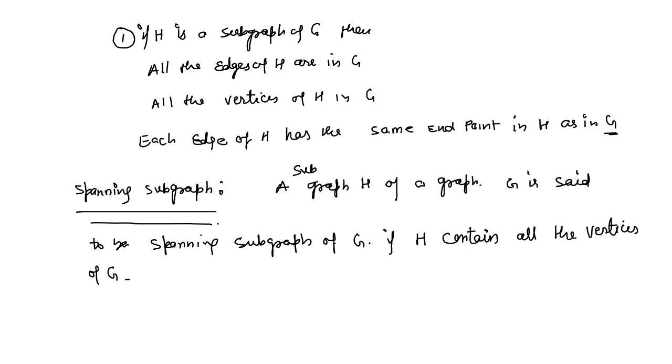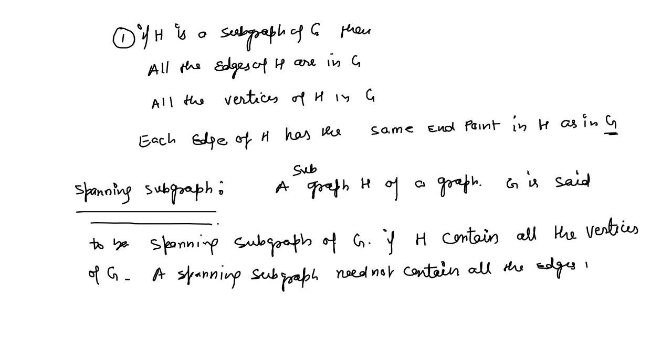So a spanning subgraph need not contain all the edges in G. That means it contains all the vertices of graph G. So we can write that all the vertices of H are equal to all the vertices of G, and H is a spanning subgraph.